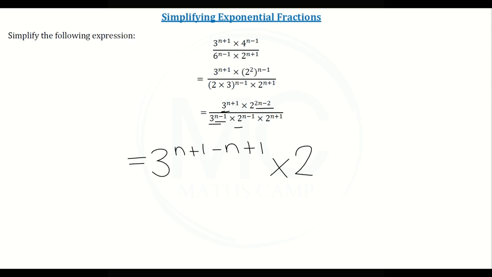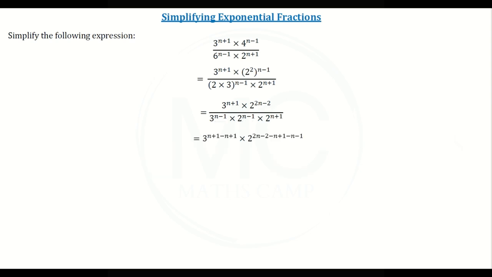Here we have 2n minus 2, say 2n minus 2, divided by 2 to the n minus 1, so minus n minus negative 1, and we're also dividing by n plus 1, so we say minus n minus 1.